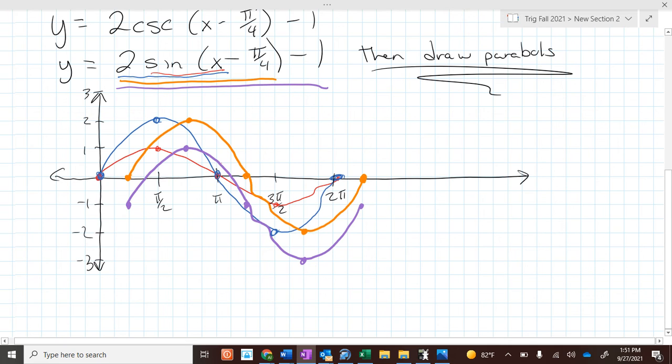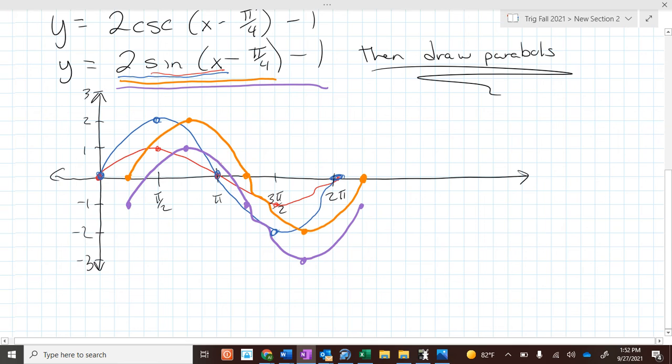Now, you would say, well, then I need an asymptote right here, right by pi over 2, and right here, just past pi. And the answer is not so fast, my friends. It's when you divide by 0 of the sine curve before you do any vertical shift.